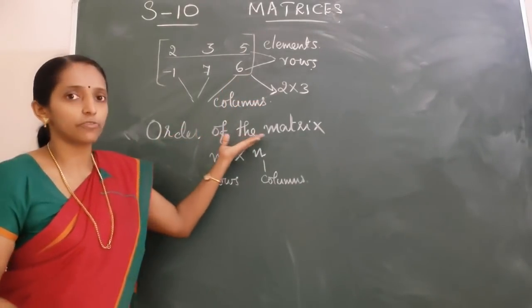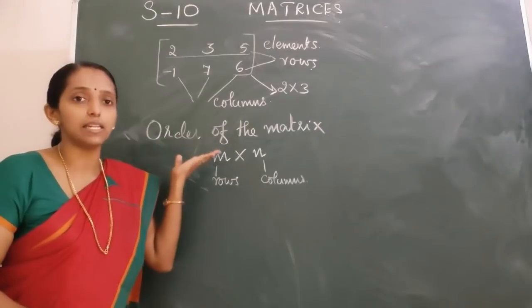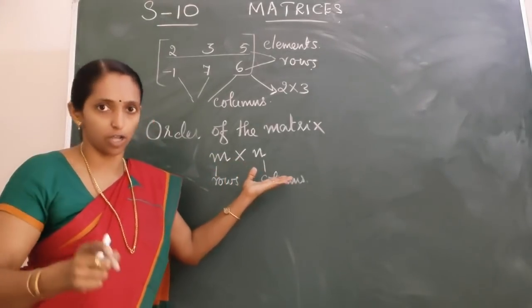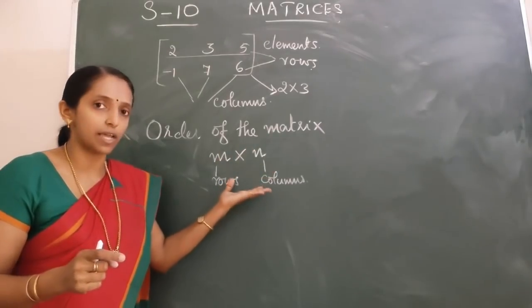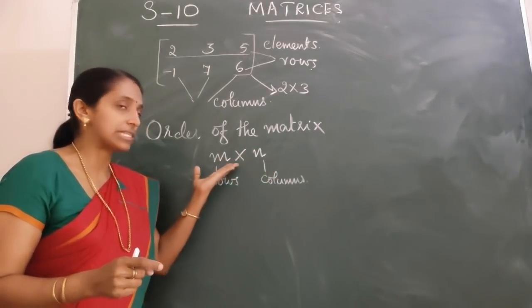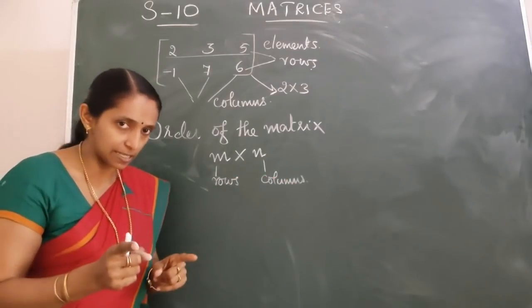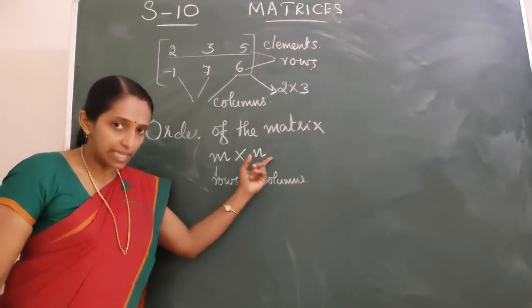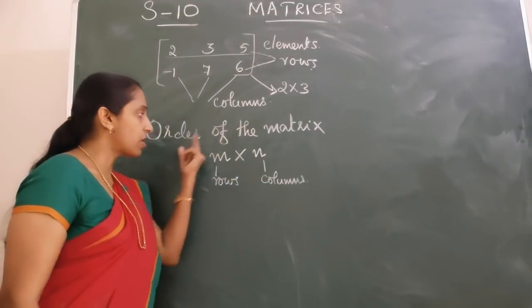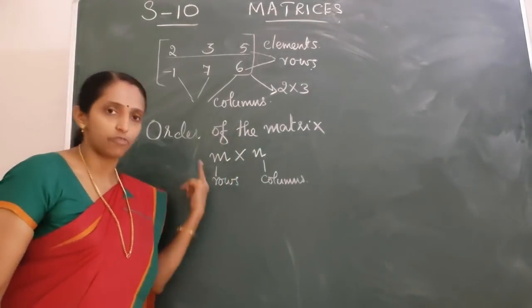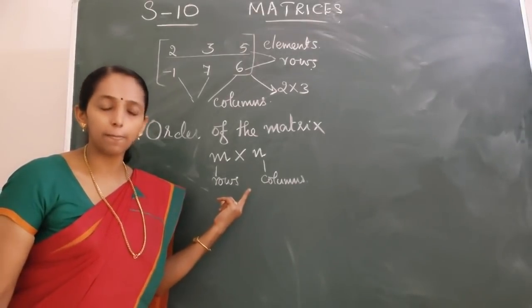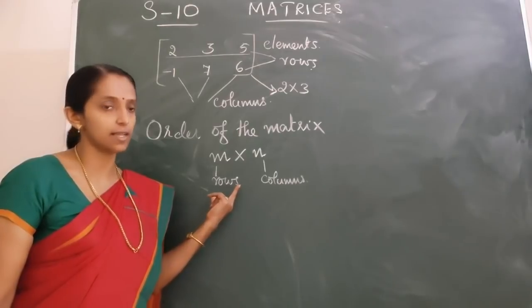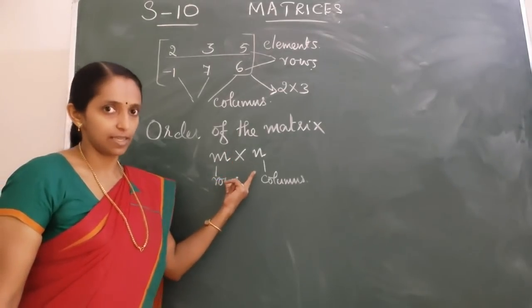So the order of the matrix is denoted by number of rows by number of columns, that is m by n. If a matrix has m rows and n columns, its order is defined as m by n.